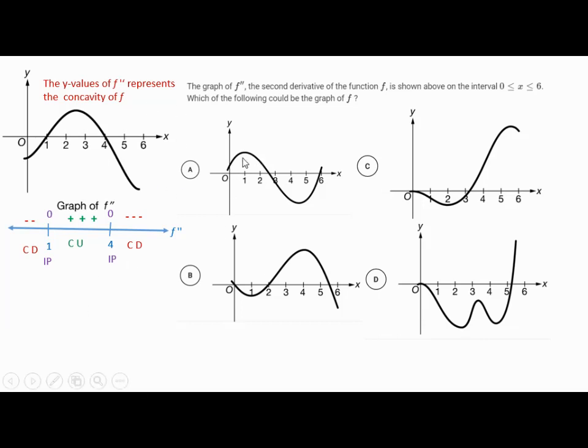So right here, it's not changing the concavity, it is concave down. So that means the second derivative should be negative at 1, which it's not, it's 0. So A is not an option. Same reason B is not an option. Here at 1 and at 4, they are relative minimums and maximums. And at 1, it's saying it's concave up, and at 4, it's saying it's concave down, which at 1 and 4, again, do not have concavity.